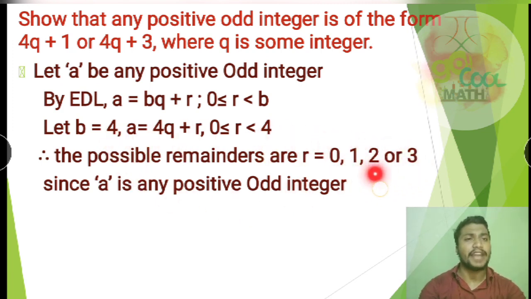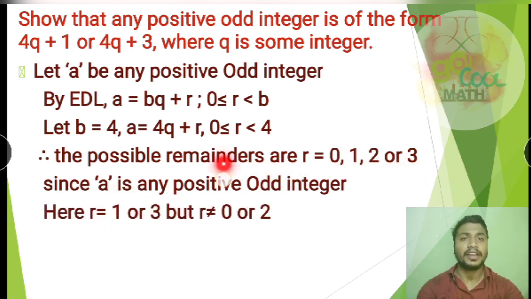Therefore, for every odd integer divided by 4, you will get the remainder as 1 and 3 only. Children, if you keep dividing any odd number by 4, the possible remainders that keep coming are 1 and 3.